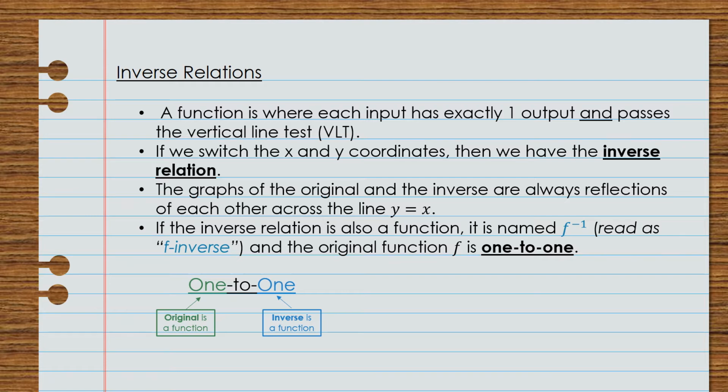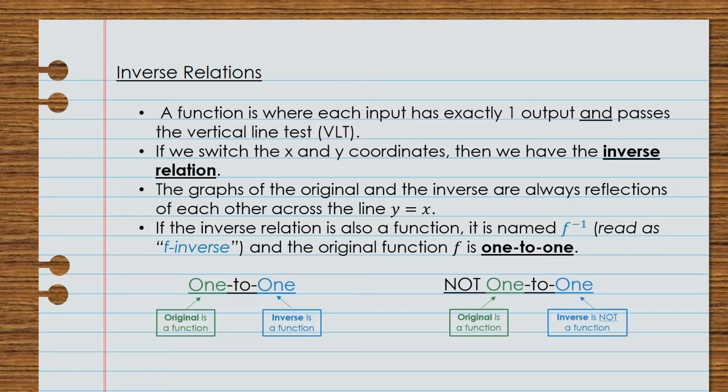Now, when you think of function, that means it passes the vertical line test. If it is not 1-to-1, that means the original is a function, but the inverse is not a function.